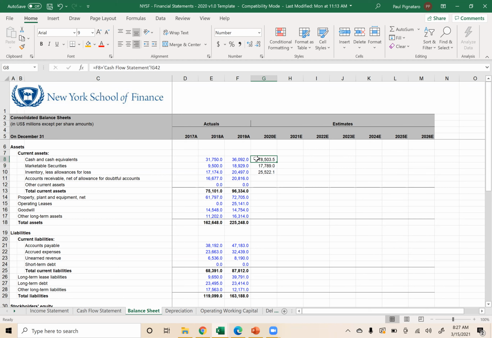The only exception is cash. Very fundamentally, the formula for building a balance sheet is always equal to the year before plus or minus that cash flow change. For every single asset, it's always a minus, except for cash.